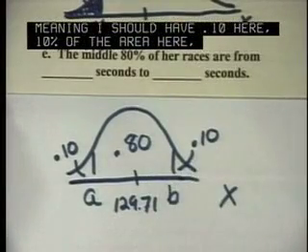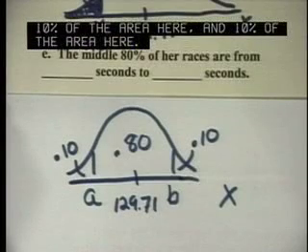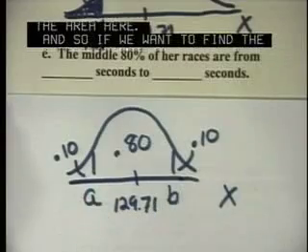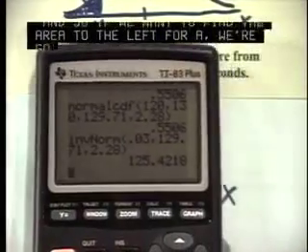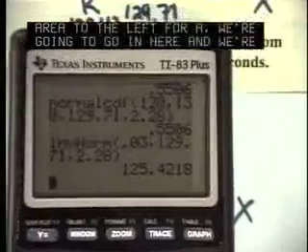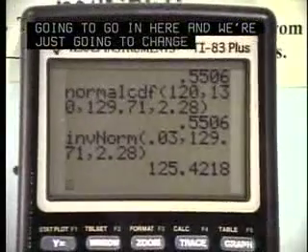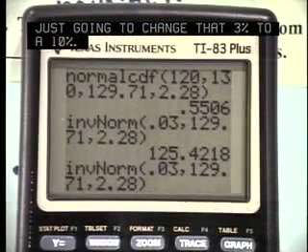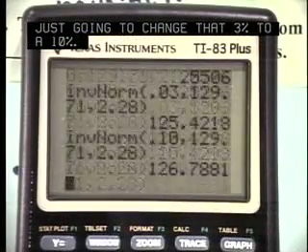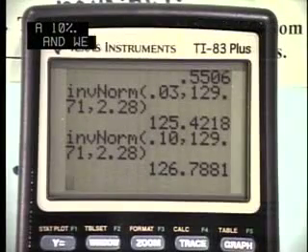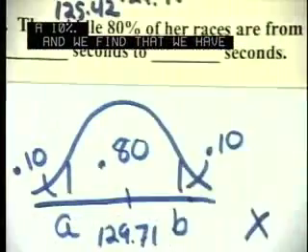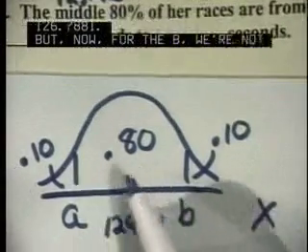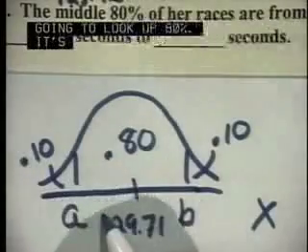And so if we want to find the area to the left for A, we're going to go in here, and we're just going to change that 3% to a 10%. And we find that we have 126.7881. But now, for the B, we're not going to look up 80%. It's 80% plus this other 10%.